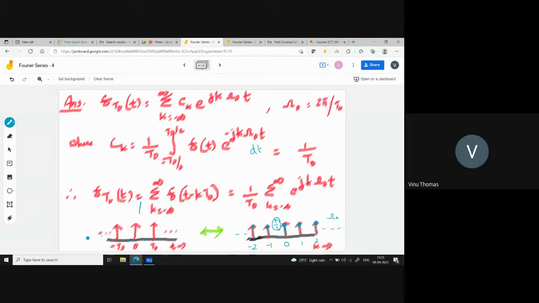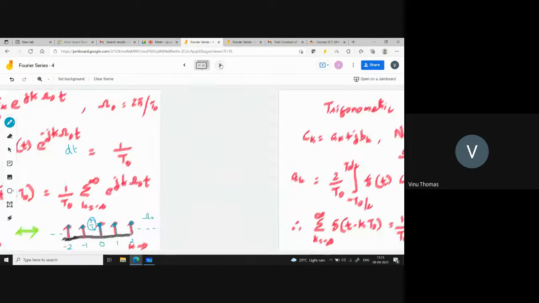Because this is T0, this is omega 0. And T0 and omega 0 are inversely proportional, because omega 0 is equal to 2 pi by T0. So when these lines become closer to each other, these become farther and farther apart. When these are farther and farther apart, these become closer to each other. Is it understood? Okay.